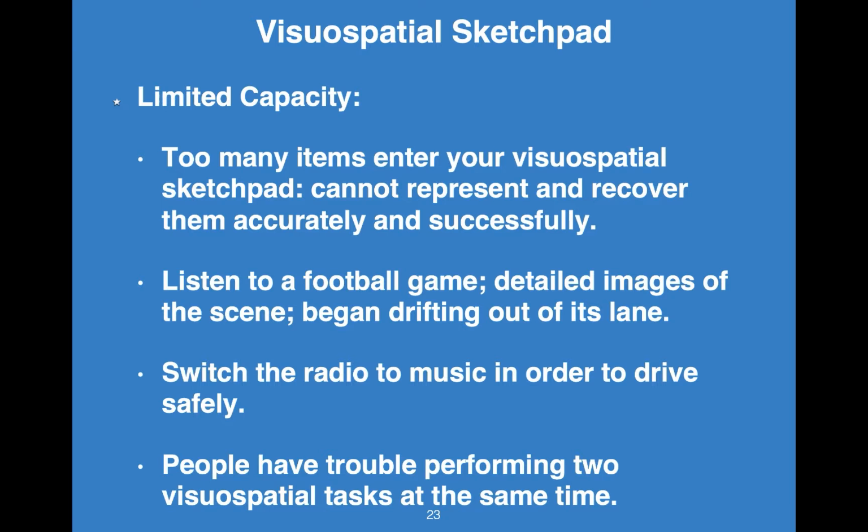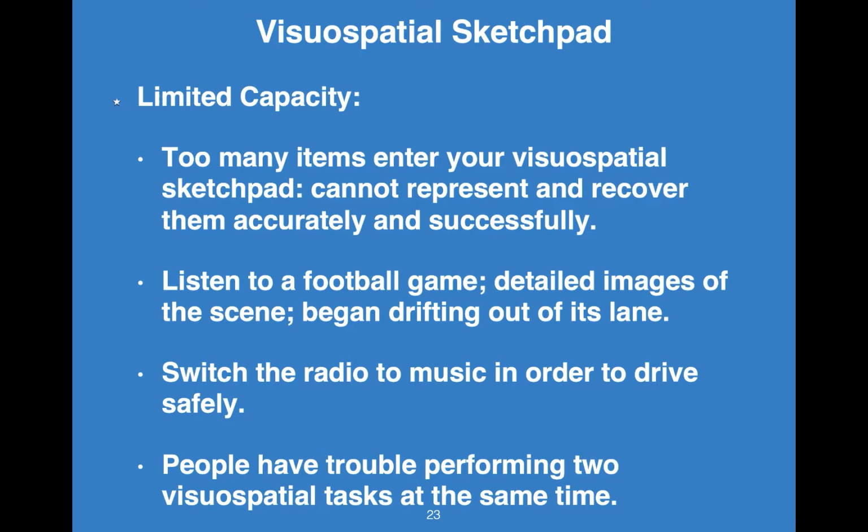Also, it is difficult to perform one task requiring a mental image at the same time as a visuospatial task that requires you to keep your car within specified boundaries. Why? Because people have trouble performing two visuospatial tasks at the same time.